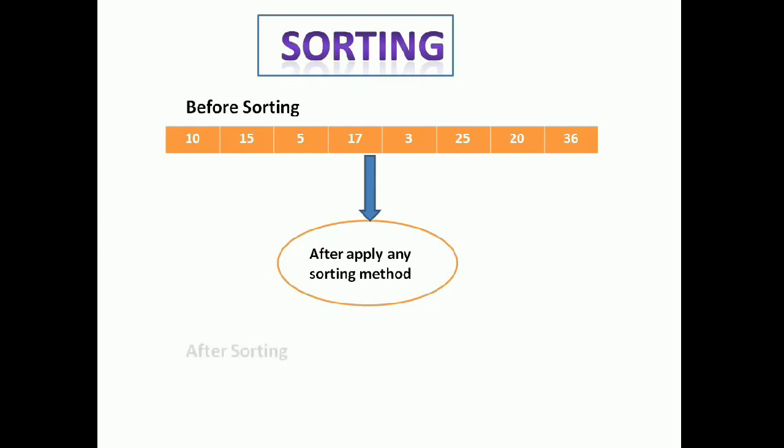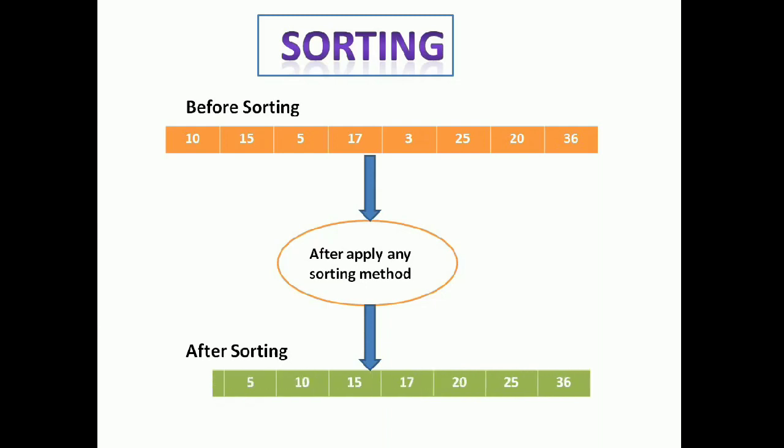The final result should be in the form of order. This is the output we are getting after the completion of the sorting technique. Up to now we are clear, because in the first unit itself we discussed the sorting algorithms. So the sorting method is just the arrangement of data in order.